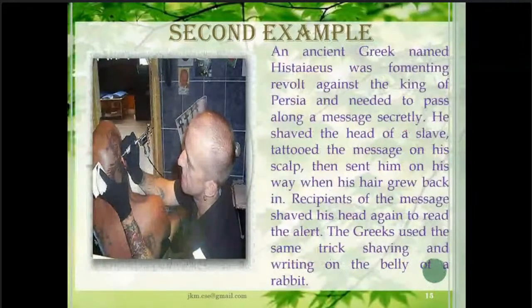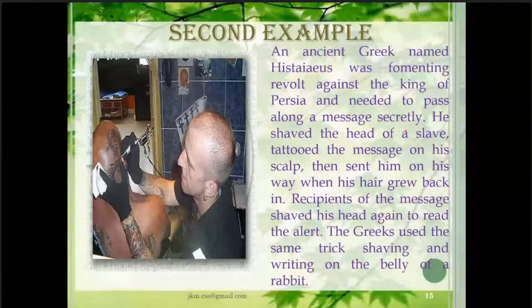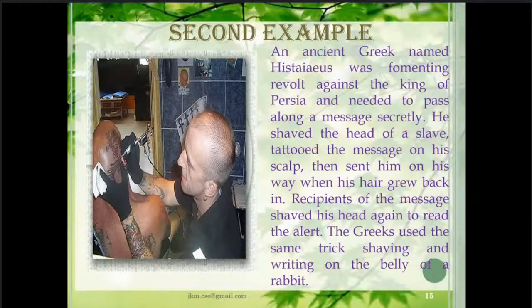Now here is interesting information. An ancient Greek named Histiaeus was fomenting revolt against the king of Persia and needed to send a message. What did he do? He shaved the head and put a tattoo, and along with the tattoo the secret information was written. After a month or so, the hair grows.